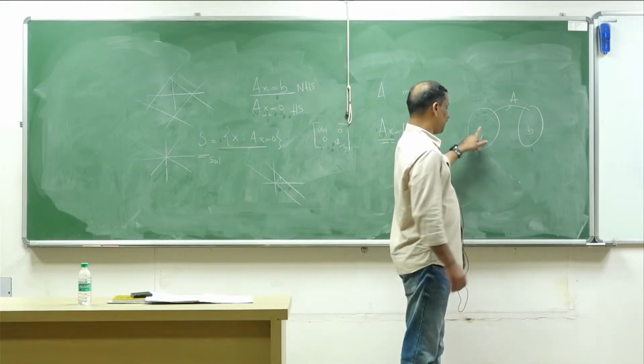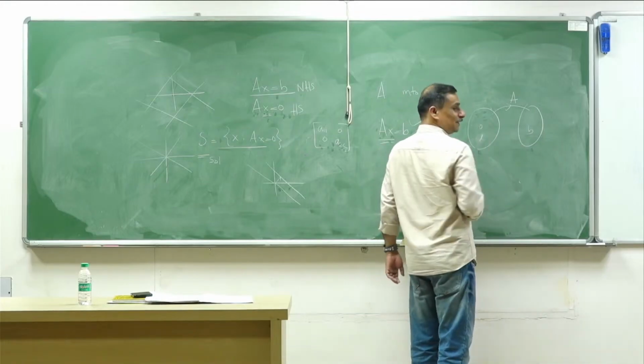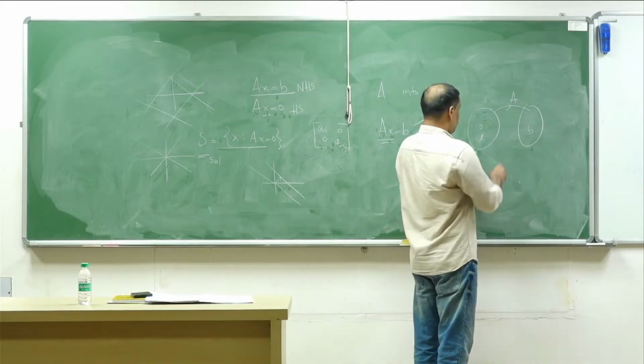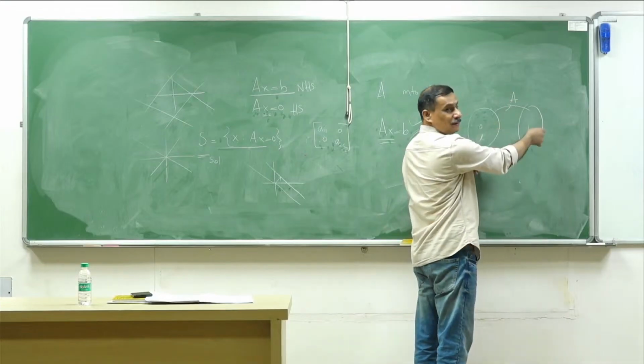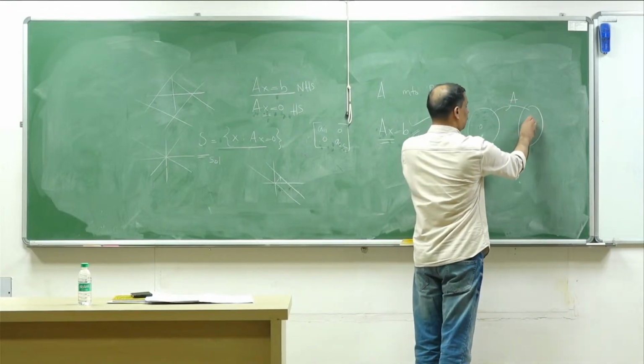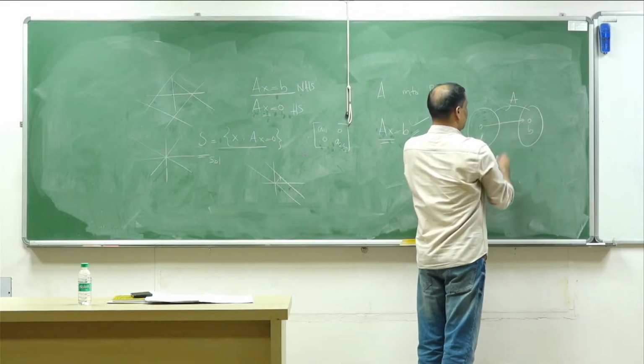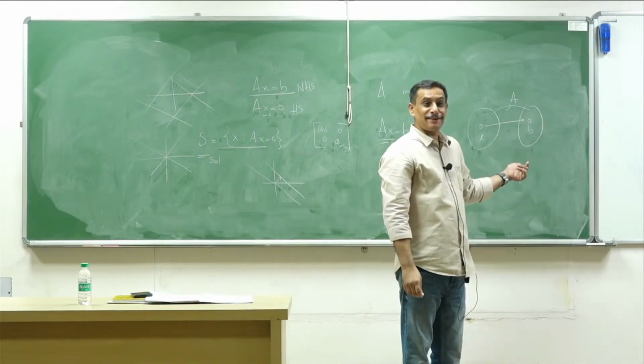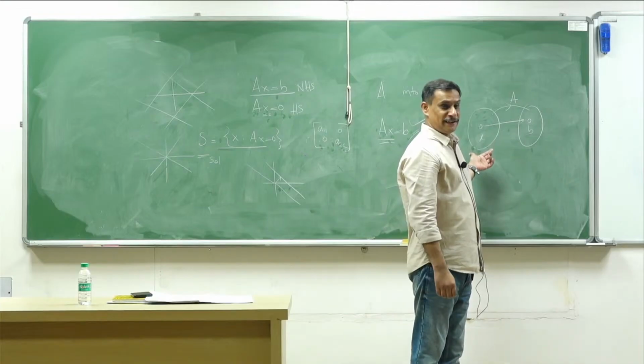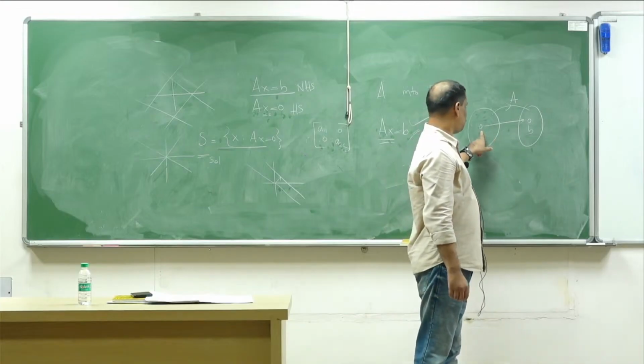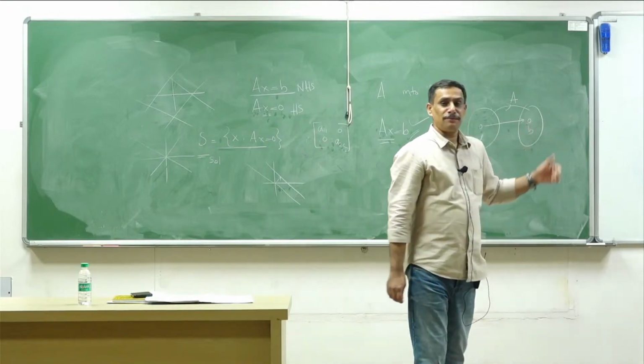The moment there is a vector space, there is a 0 in the domain. What happens to A into 0? It is 0. So this is the test case. What is a linear system? It's like an acid test. If you put 0 as input, the output becomes 0.